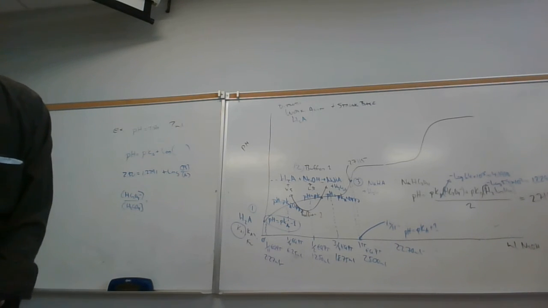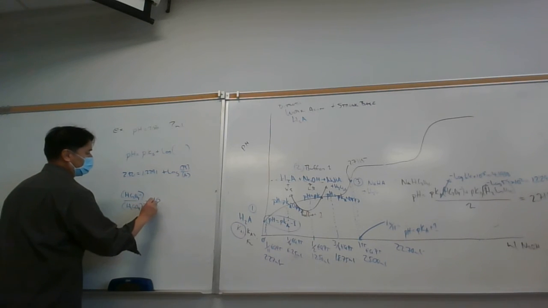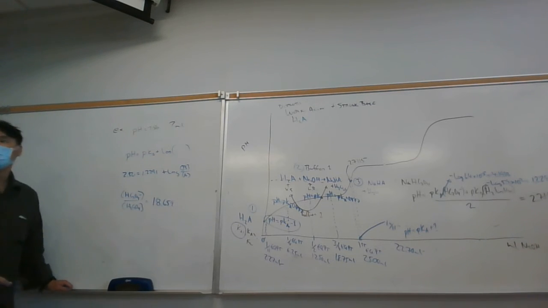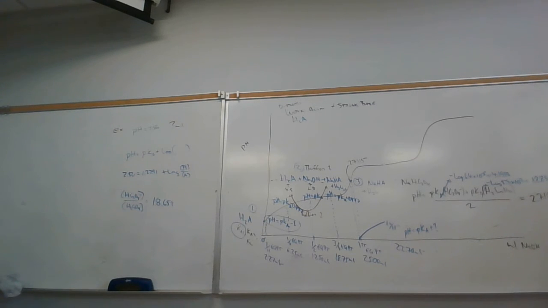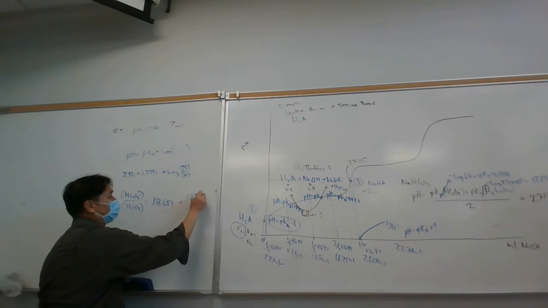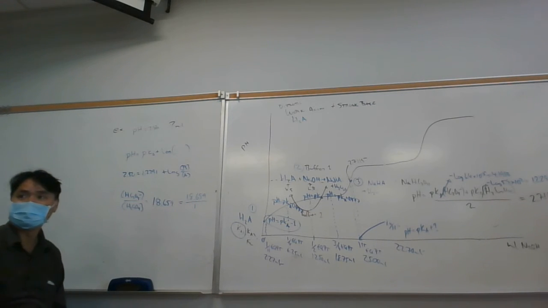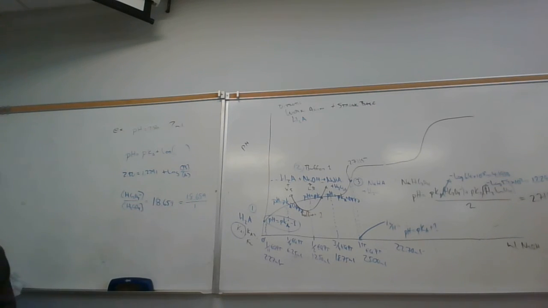This comes out to 18.659. Or we can say 18.659 parts of base to every 1 part of acid. 18.659 to 1.